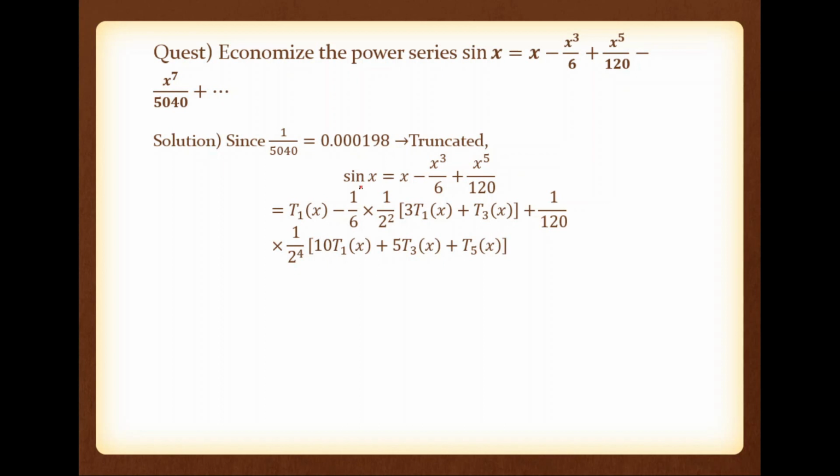So this first term is x, that is T1 of x, minus 1 by 6 into x cube, that is 1 by 2 square into 3 T1 of x plus T3 of x, plus 1 by 120 into x raised to 5. So this is 10 T1 of x plus 5 T3 of x plus T5 of x. Is it okay?